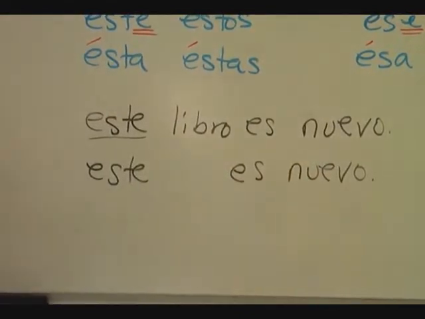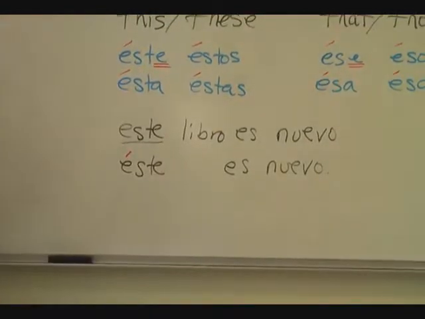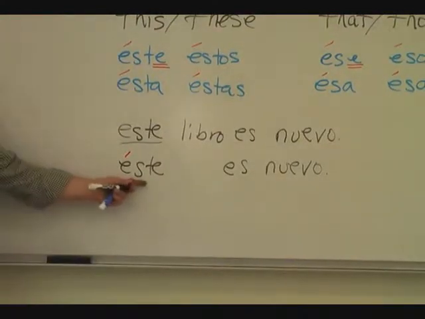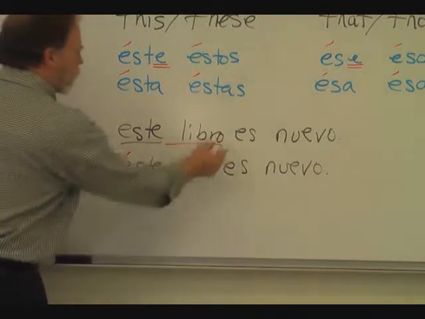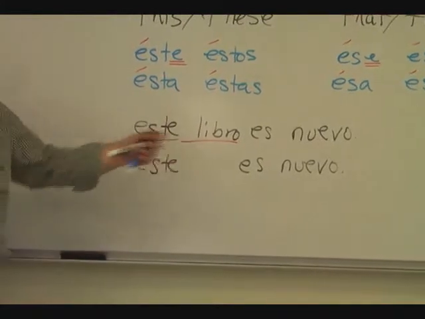And to further differentiate, I like to put an accent. And this tells me for sure this is a demonstrative pronoun. It has taken the place of this book. And we're saying this one is new.